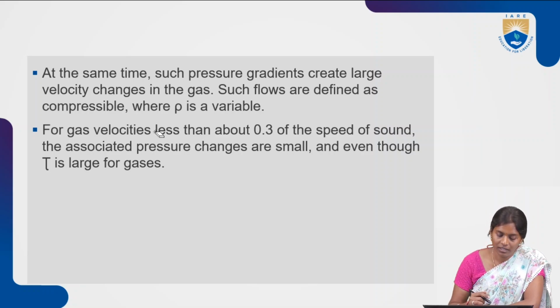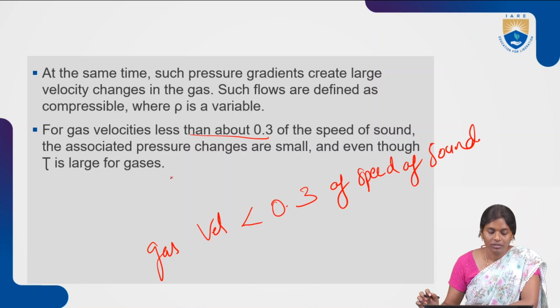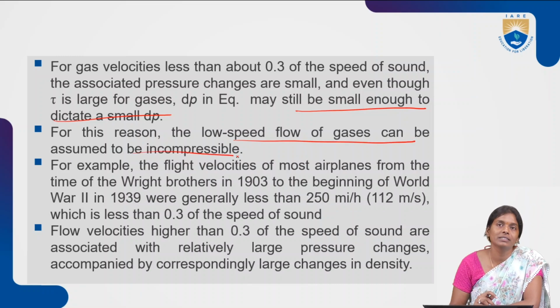For gas velocity less than about 0.3 of the speed of sound, the associated density changes are small even though tau is large for gases, and this equation is still valid for the small delta P. For this reason, low speed flow of gases can be assumed as incompressible.